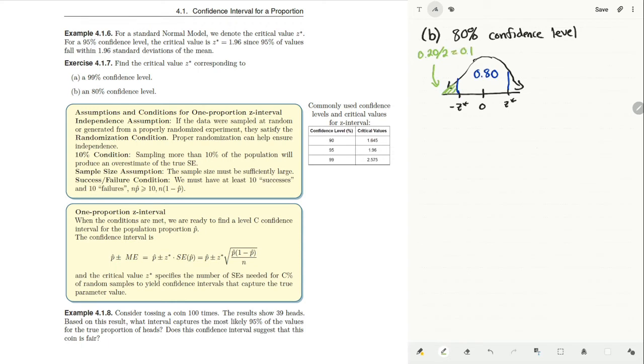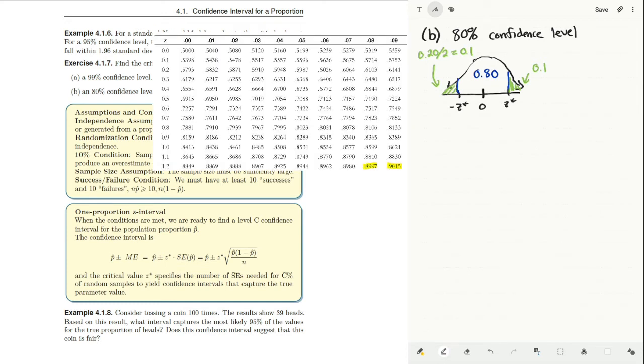So the area in the left tail is 0.1, and the area in the right tail is also 0.1. And so the total area to the left of Z star is 0.9. So we want to look for the two closest values to 0.9 inside of the Z table.